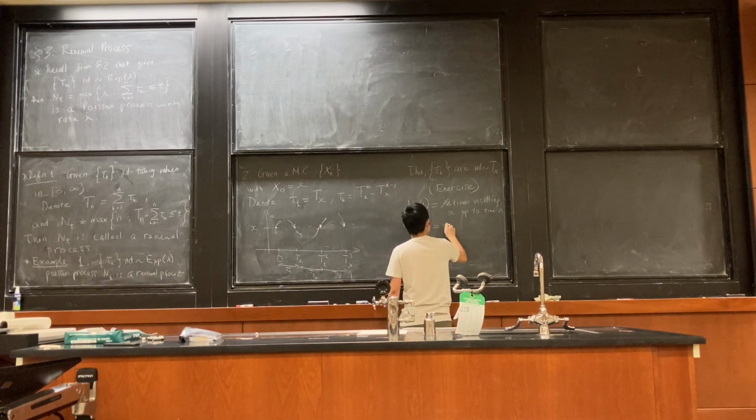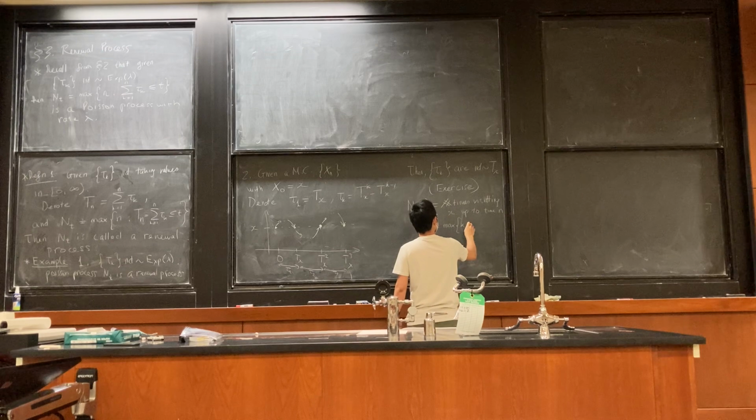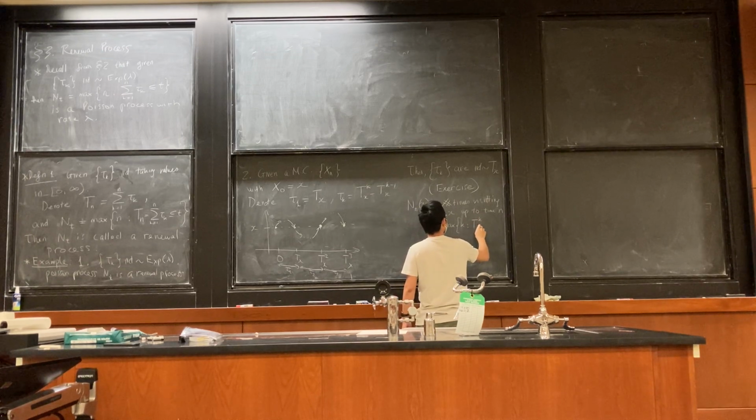This is simply the maximum k such that T_k(x) is less than n.